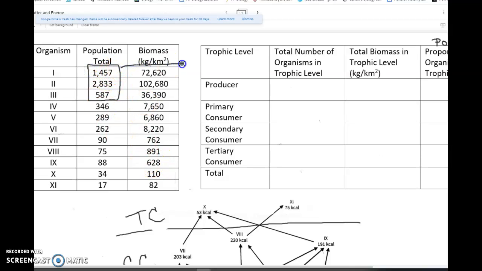And those would then go into this box here. Okay? So that when you got done, you should have this number here. When you add them all up, it should be 4877, I think.